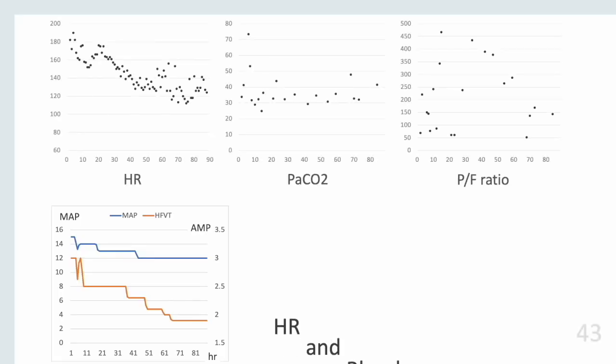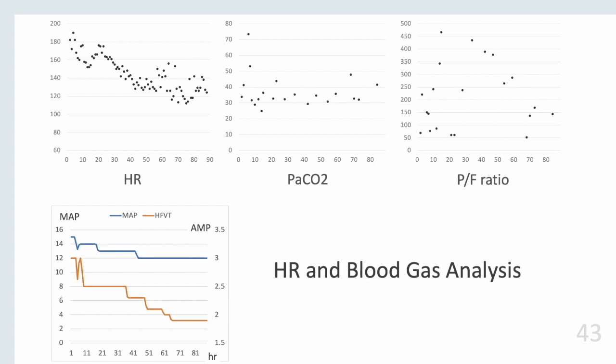These graphs show the patient's heart rate and blood gases. Heart rate has decreased with improvement in ventilation condition, and CO2 levels are also decreasing. So, what about the monitoring data related to ventilation?